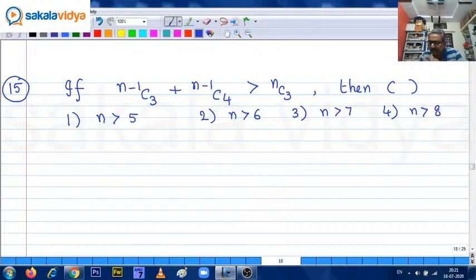This is the question. That means inequality on the combinations.